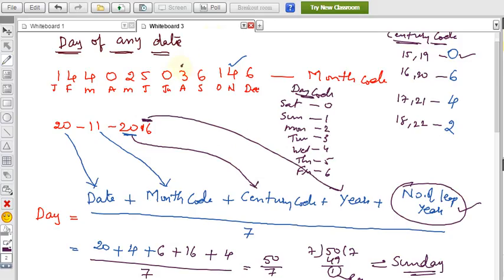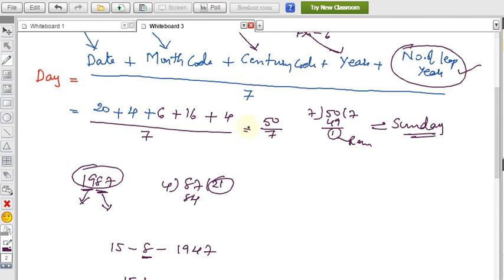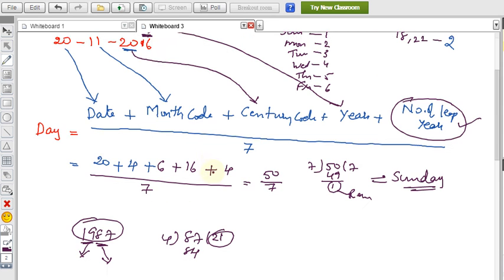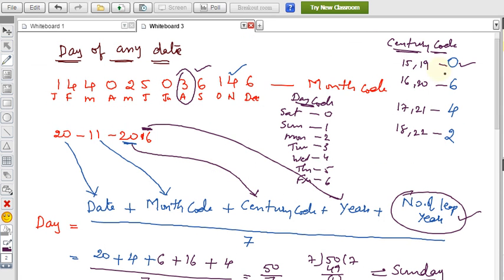June, July, August. The August code is 3. Now this August code is 3, plus the century code is 0, because 19. Yeah, 15, 16, 17, 18, again 19 is 0.